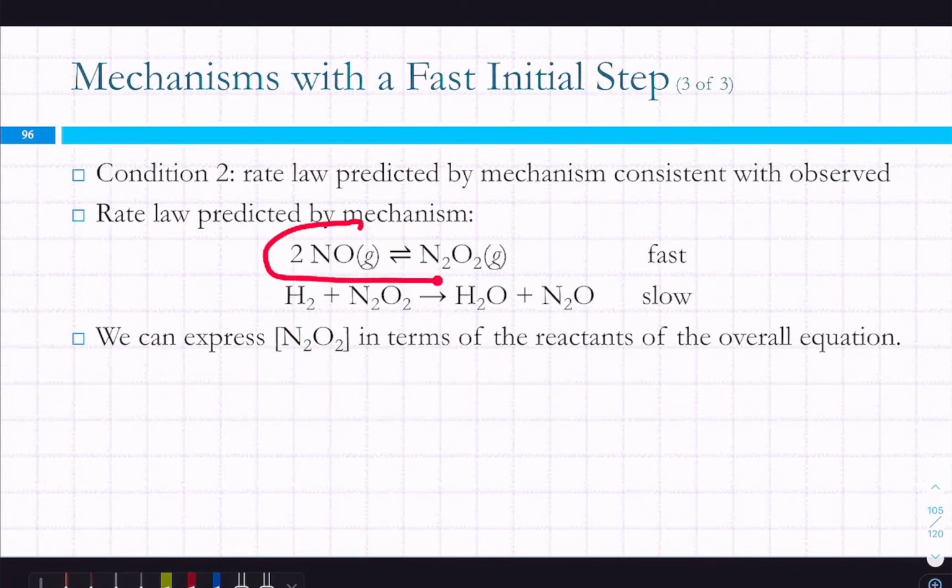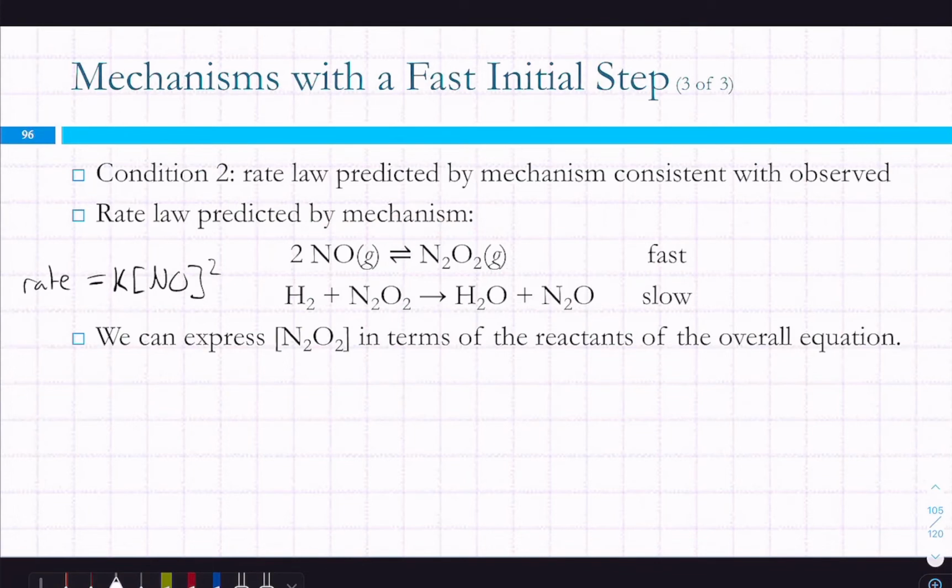We can say that the amount of N2O2 is going to be directly tied to the rate that nitrogen monoxide is converted into it. So we can write that rate law as k times the concentration of NO squared. And that matches with the overall experimentally determined rate law.